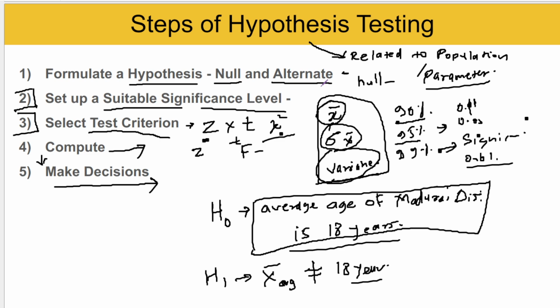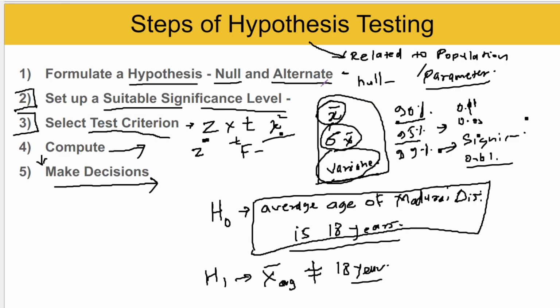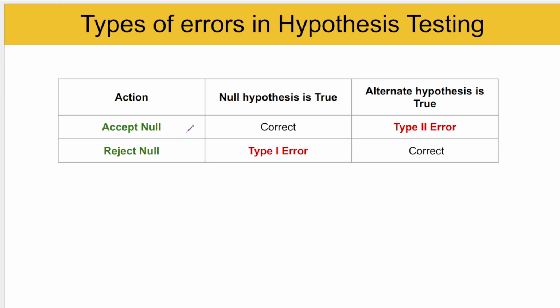Now see, when you are making these decisions, there might be different cases. What are those cases? Suppose we accept the null hypothesis, or we may reject the null hypothesis.